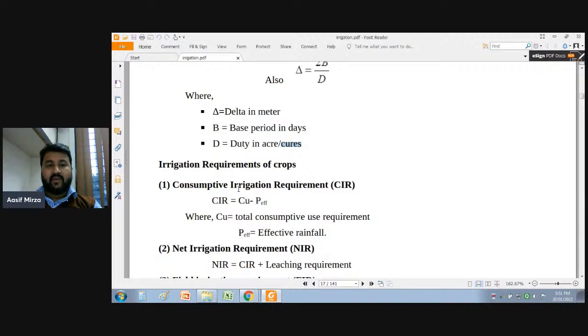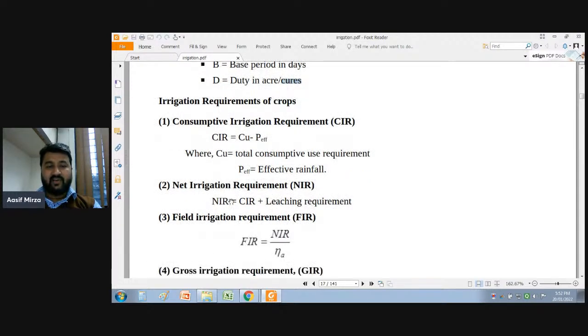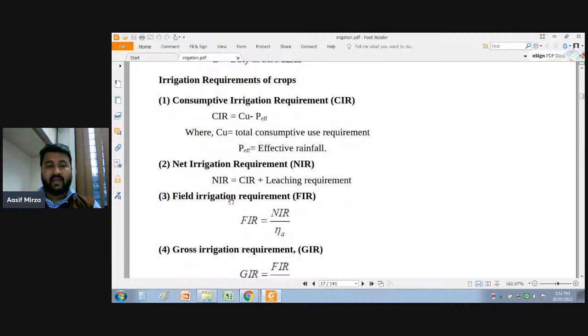Now, irrigation requirement of the crops. Consumptive irrigation requirement CIR is equal to CU minus P effective, where CU is the total consumptive use requirement and P effective is nothing but the effective rainfall. Net irrigation requirement NIR is equal to CIR plus leaching requirement. Field irrigation requirement FIR is equal to NIR divided by Na.